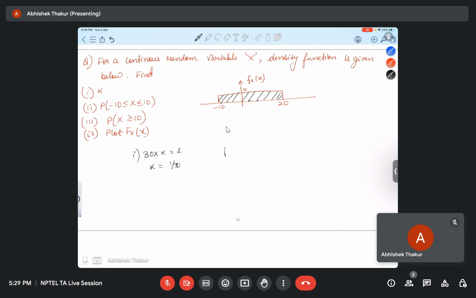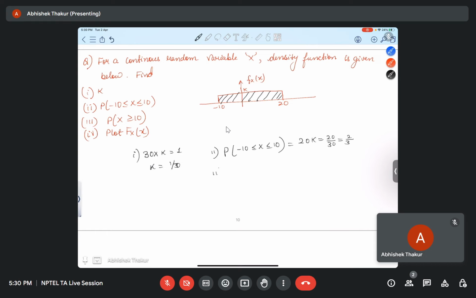Now the probability that X is greater than or equal to minus 10 and less than or equal to 10 is the area under this curve. So that is equal to 20 into k, that is 20 by 30. So that is 2 by 3.